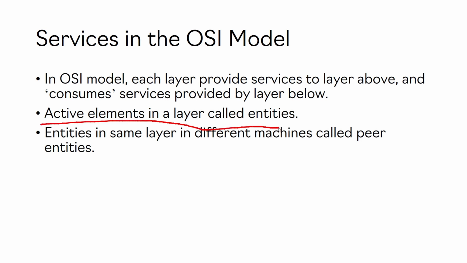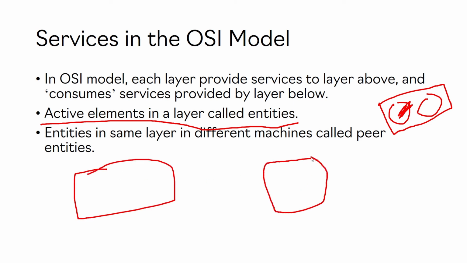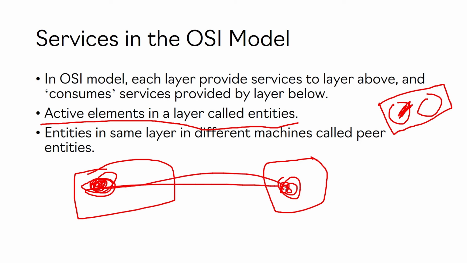Active elements in a layer are called entities. And the active entities in each layer on different machines are called peer entities. So if a machine here is to communicate with a machine there, the layer 2 processes here and the layer 2 processes there are entities in that layer, even though they are on different machines, but they are actually on the same layer.